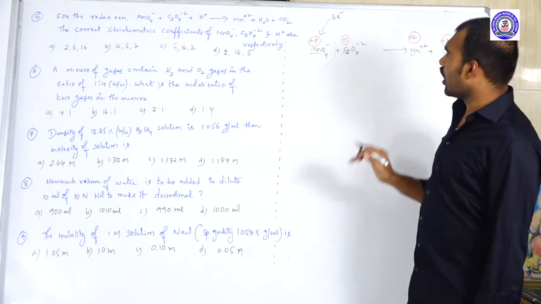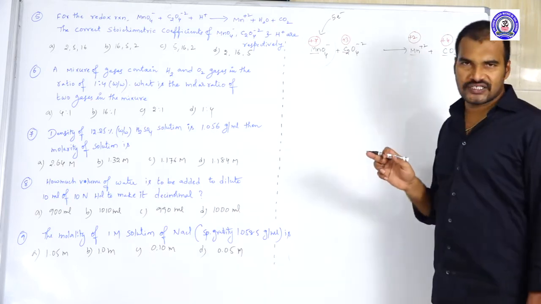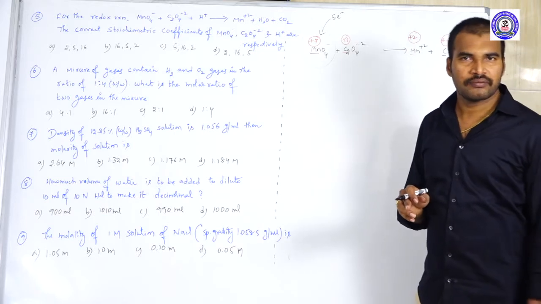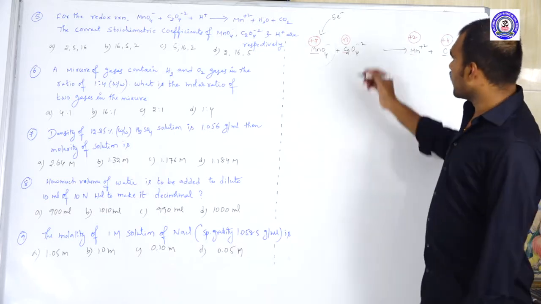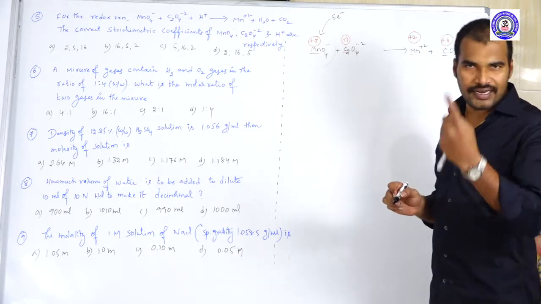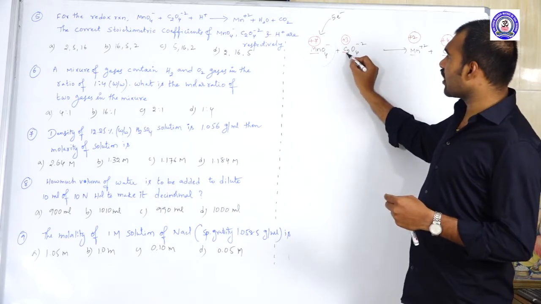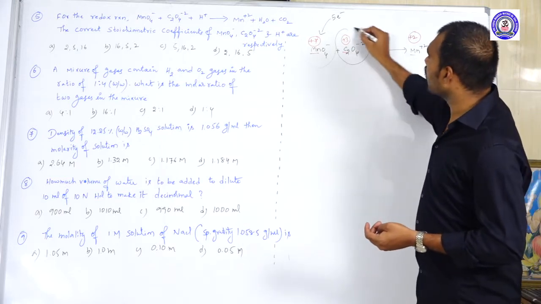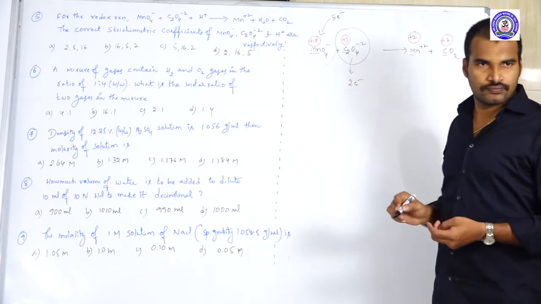Next, coming to the oxalate, carbon oxidation state changing from plus 3 to plus 4. That means increasing the oxidation number, we call it as oxidation. Each carbon is losing 1 electron. Here total how many carbons in each mole? 2 carbons are there. So the total number of electrons lost by one mole is 2 electrons.